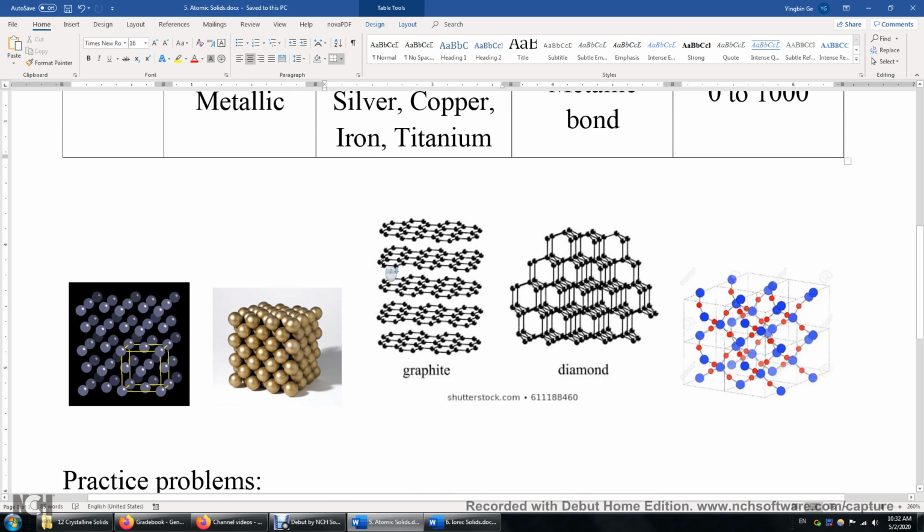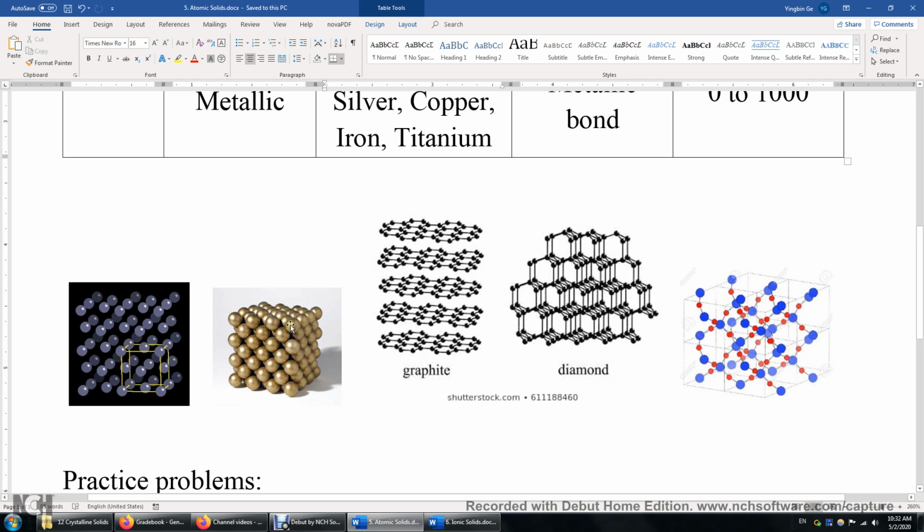So let me show you the structure of a few atomic solids. This is solid argon, and we're showing you the face-centered unit cell of argon here. Between two argon atoms, there's only dispersion, and the dispersion is small. Therefore, the melting point of argon is very low. This is gold.